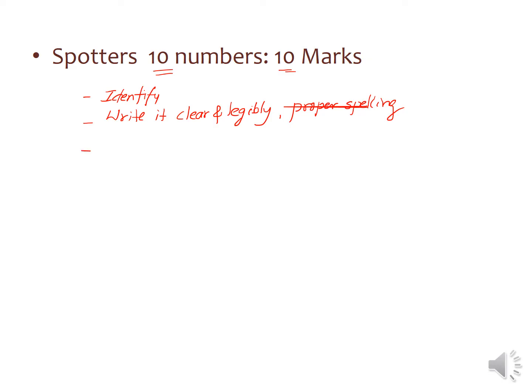And then don't forget to write 2 salient features, minimum 2 salient features of this particular spotter, related to that particular thing. All this has to be done within 1 minute, because the time given for each spotter is 1 minute only.